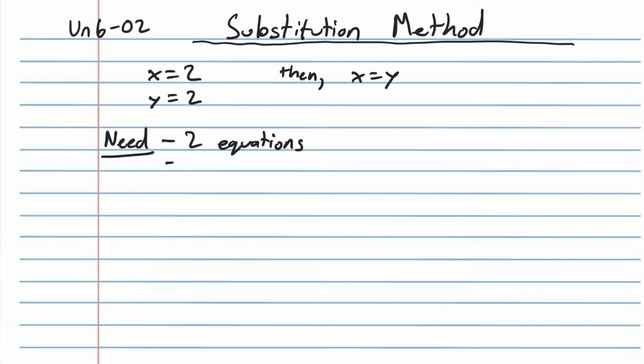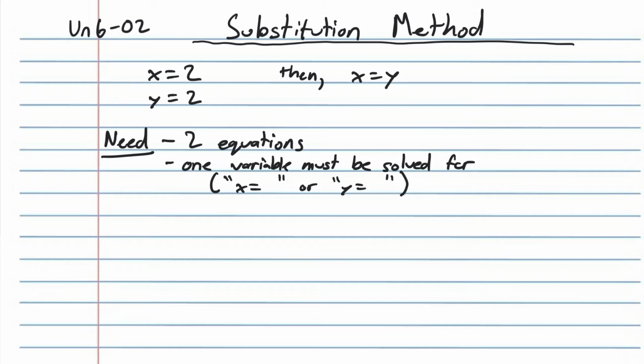And the second thing is that one of your variables must already be solved for. Or in other words, what we're looking for is we need to have either x equals whatever or y equals whatever. We need one of our equations to look like that. x equals blank or y equals blank.